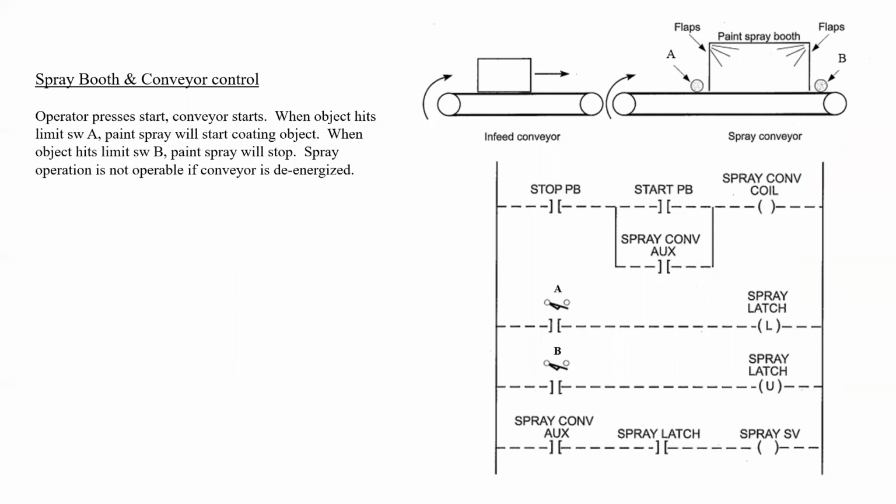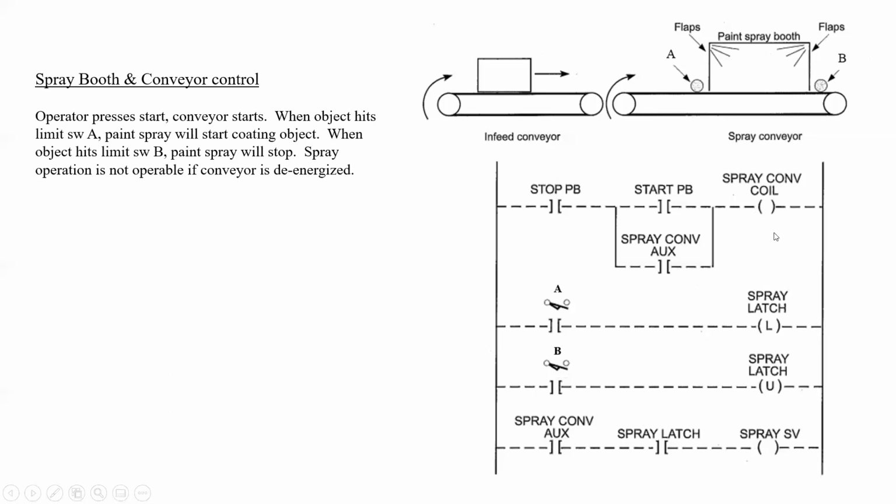In this situation, the operator presses the start push button, and that starts the conveyor. When the object hits limit switch A, the paint spray will start coating the object, and when the object hits limit switch B, the paint spray will stop. The spray operation is not operable if the conveyor is de-energized. And so we can see that interlocking feature here.